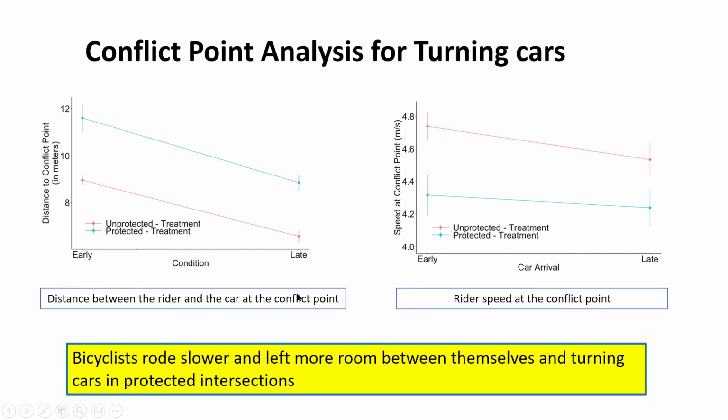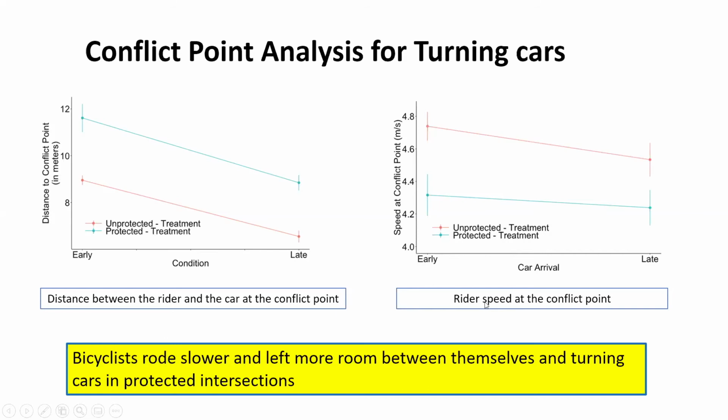Similarly, for the late arriving cars, as I mentioned, there are two timings, 1 and 1.5. The 1.5 second is termed early cars and the 1 second is termed late cars. The late arriving cars predicted a 2.40 meter decrease in distance between the rider and car.